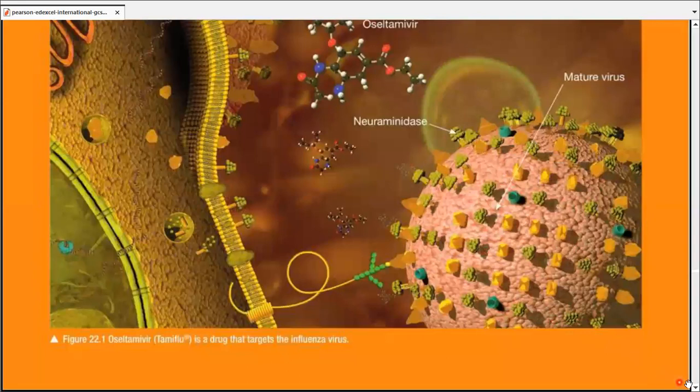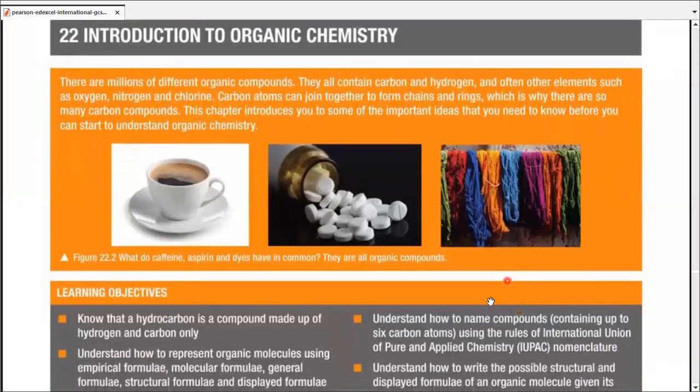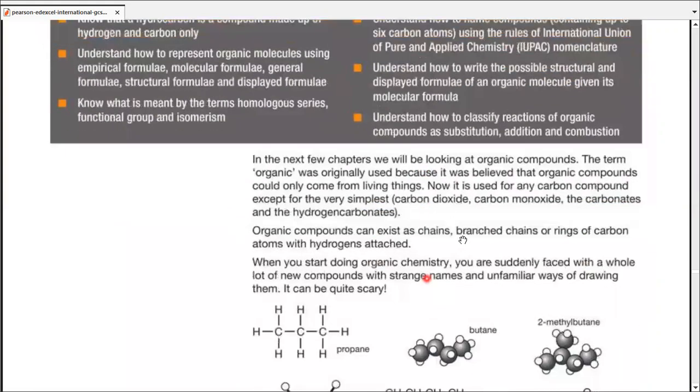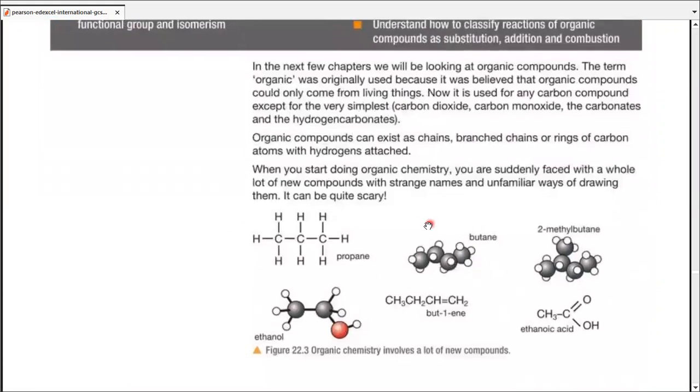Okay, so moving on. The first chapter in this list is Introduction to Organic Chemistry. So we are going to introduce you to organic chemistry. As you already understand, organic chemistry is mostly carbon-based compounds. The ones that I have already listed are also written over here. Organic compounds can exist as chains like this.